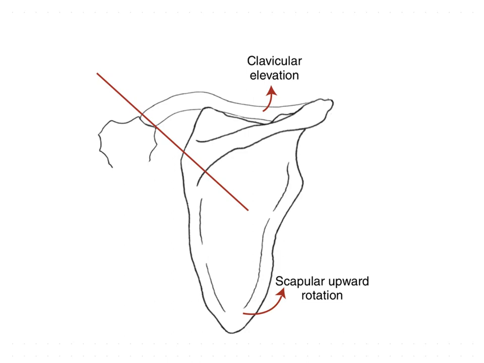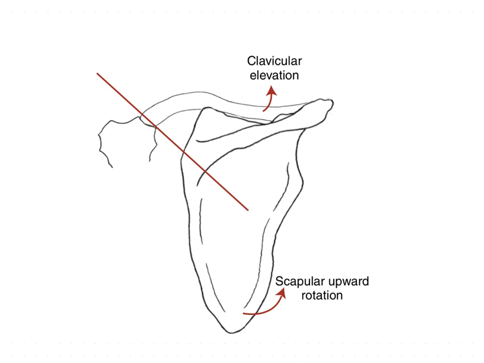The upward rotatory force on the scapula continues. The coracoclavicular ligament limits the motion there, but still the rotation is going to take place here. How? The upward rotatory force on the scapula continues.